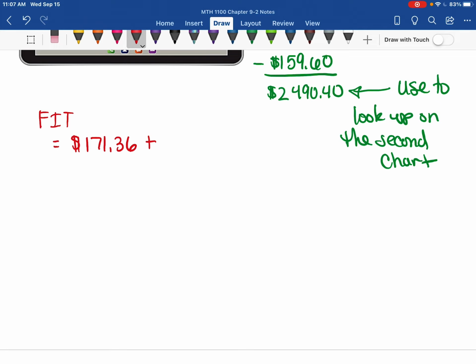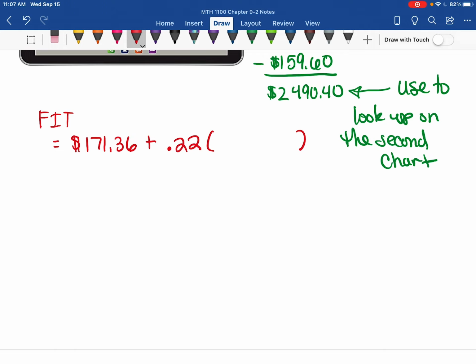So when I take 22% of something, I have to multiply, and I have to make sure that 22% is as a decimal. So I'm going to put 0.22 times, and then inside here, I'm going to put what's left over from that 1,711 number.